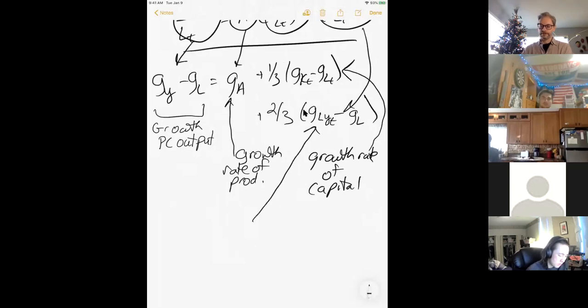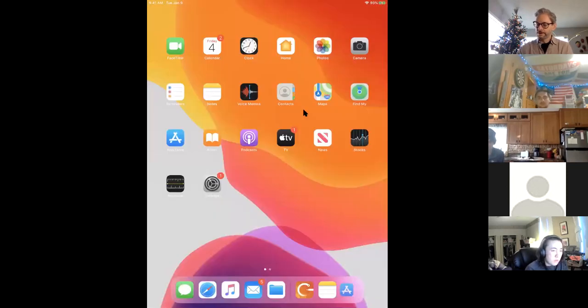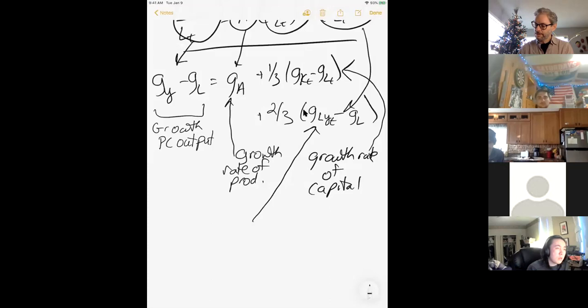And then this part we can think of as the change in labor composition. It's really related very closely to what our labor force participation rate is.